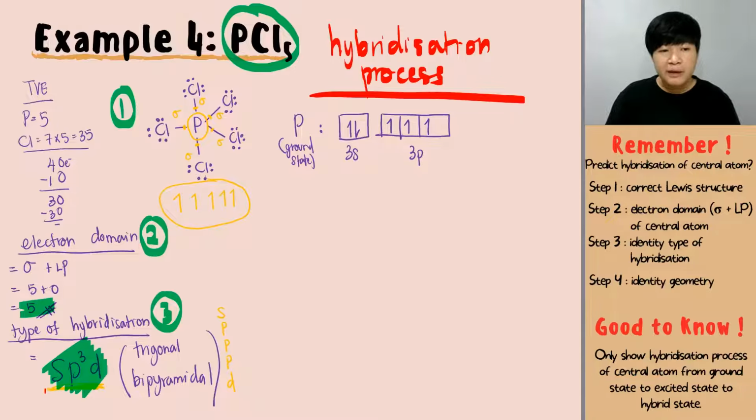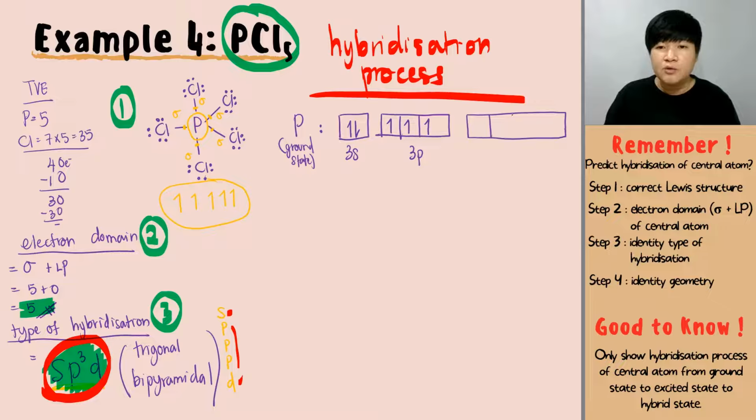But I hope you remember, the type of hybridization right now is sp3d. In other words, we are using 1 from the s, 3 from the p, and 1 from the d. Therefore, you need to show the d orbital of your phosphorus as well, even though it's empty right now.